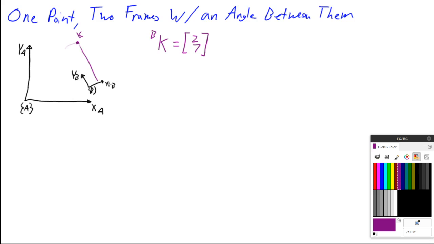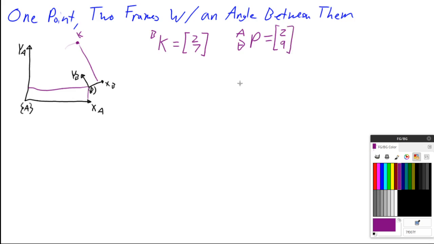So we need to know where B is. Let's do this. The position of B relative to A. Let's say this is 2 and, I don't know, let's say 9.